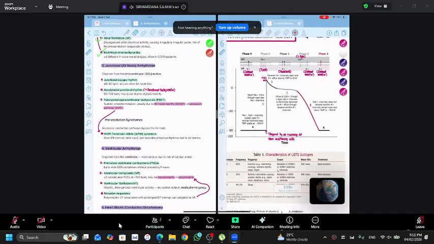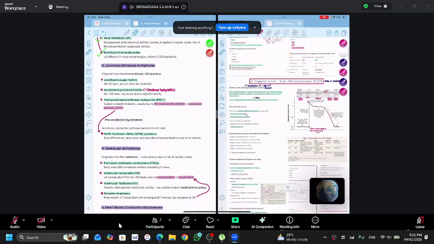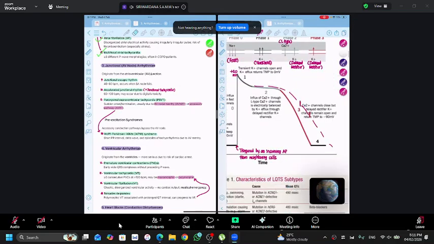Most often this happens during phase 3. If phase 3 is prolonged, then during a window of -40 to -20 millivolts, calcium channels start to open again.